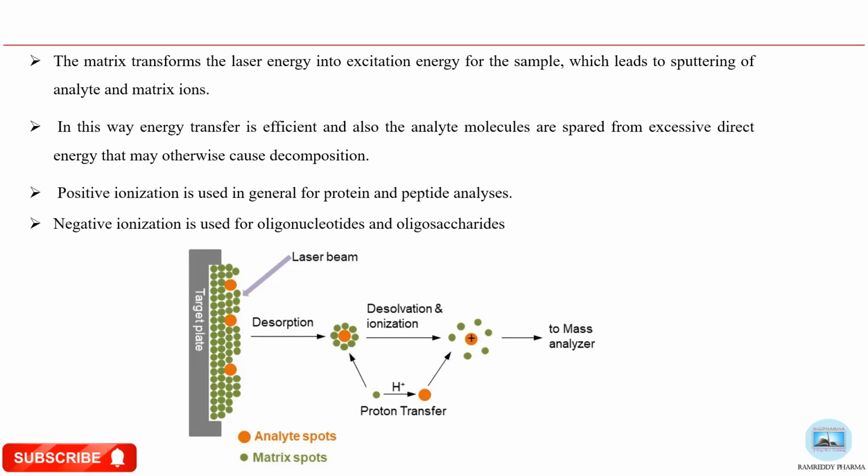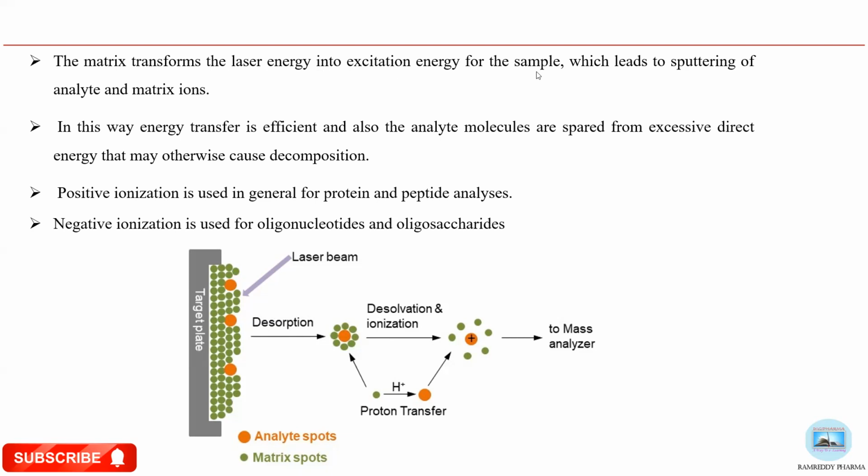Now the laser beam is exposed to the premixed sample containing matrix. The laser light produces some energy, and that energy is absorbed by the matrix. Then the matrix transforms the laser energy into excitation energy for the sample.